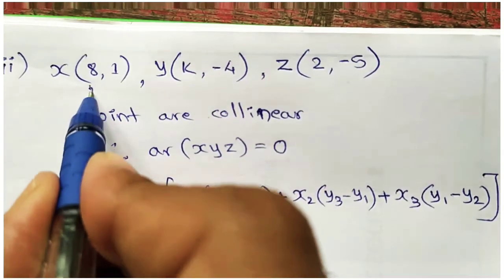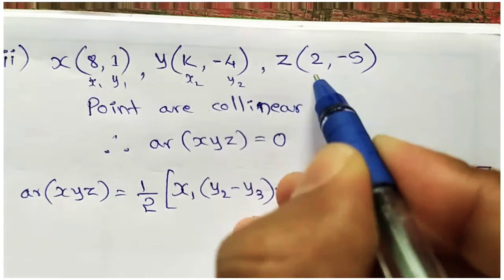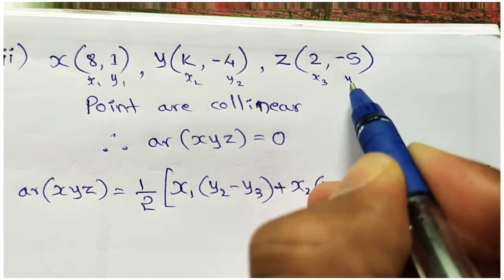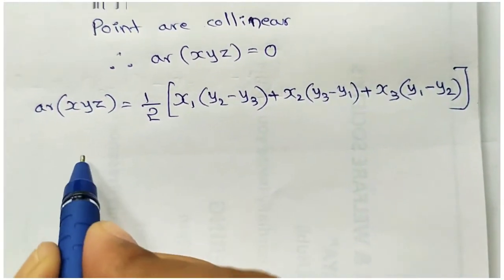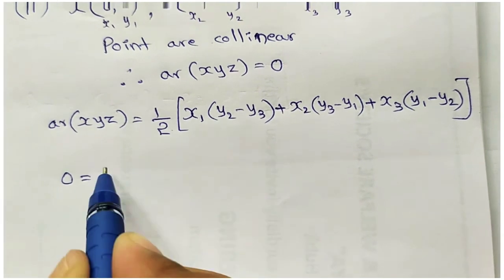So give the names here: x1, y1, x2, y2, x3, y3. Now area of xyz becomes 0. Here 1 by 2 is there.